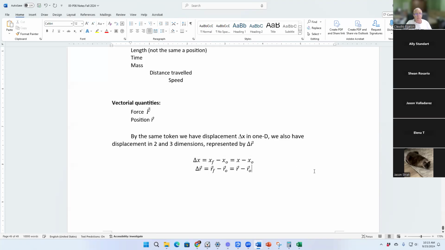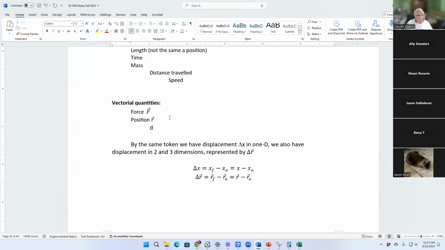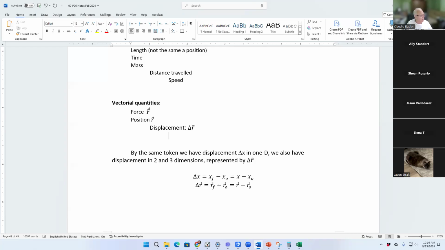That's the one-dimensional case, and the two- and three-dimensional case. Displacement depends on the position, following the same script that we have for one dimension.